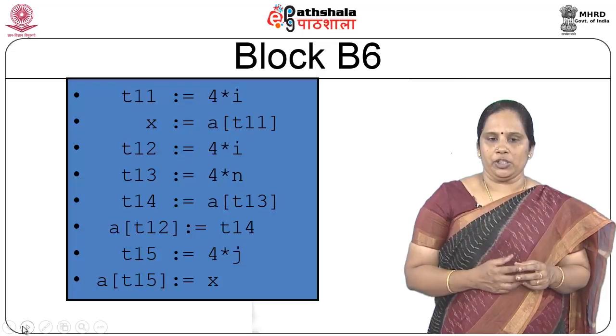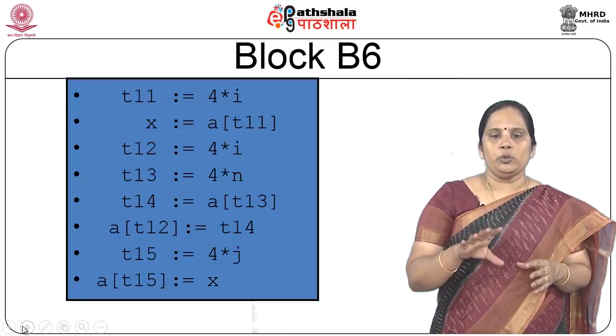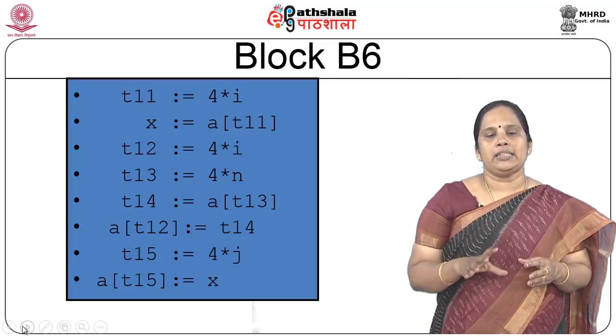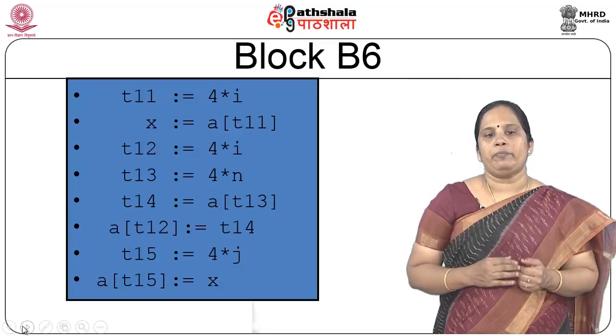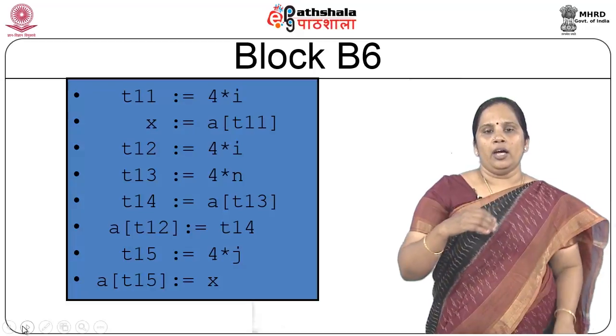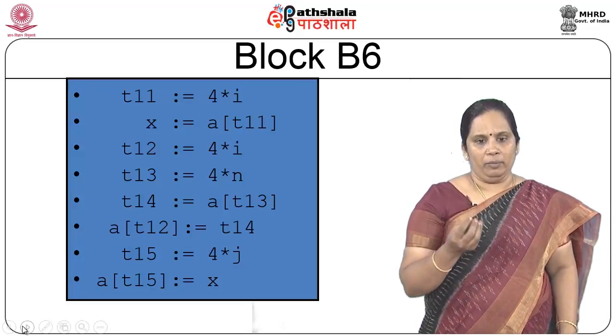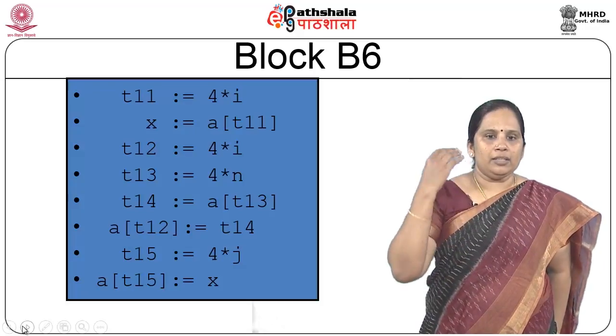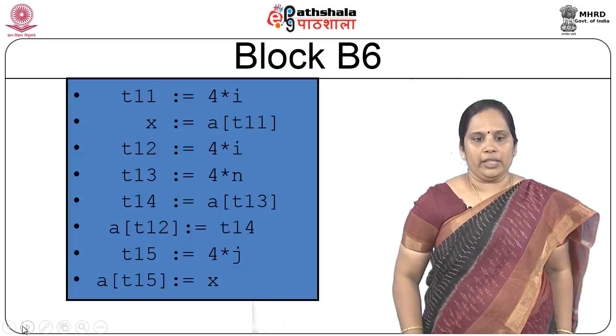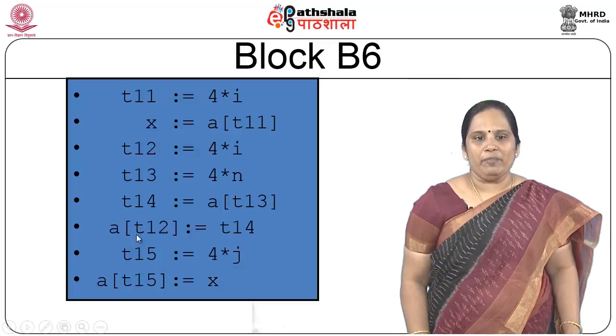The reason behind choosing blocks B5 and B6 is that they have so many statements and definitely require optimization. The other blocks, as you can see, do not have many statements available.